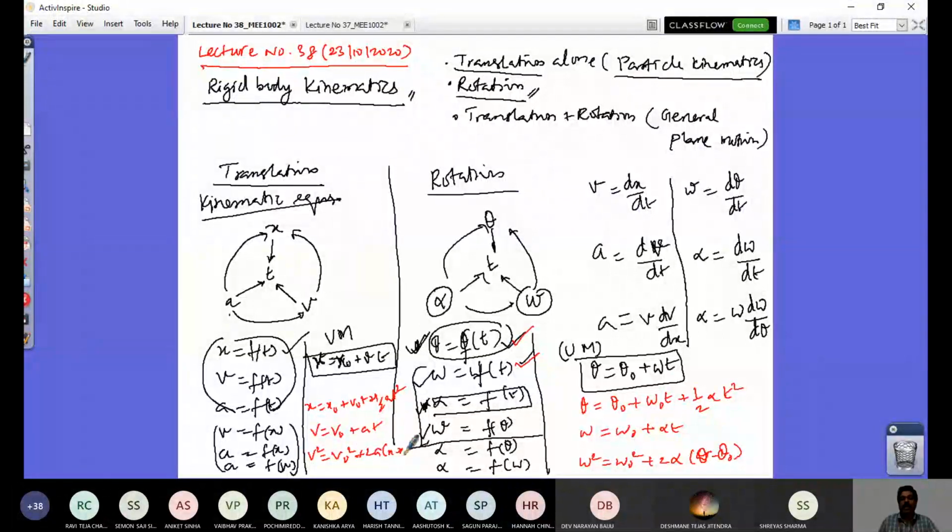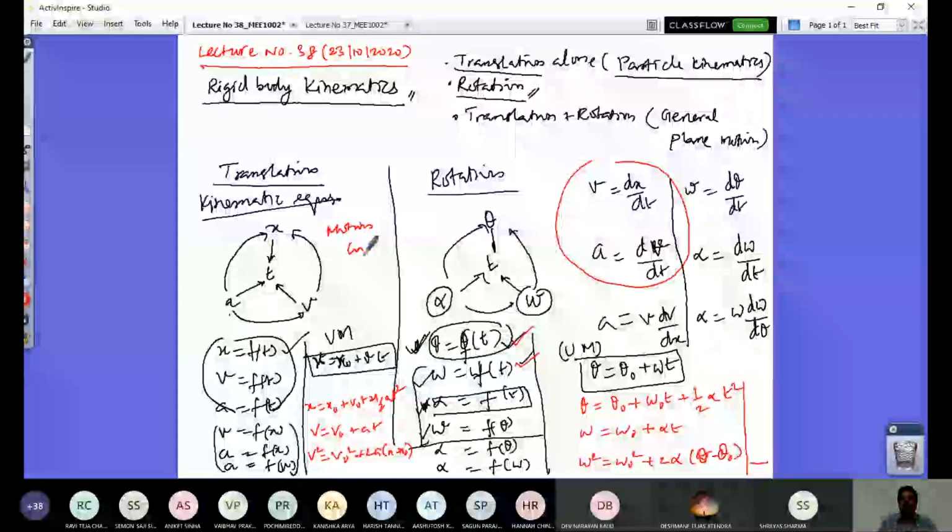So like we derived this equation from the integral approach using the definitions of the parameters, and then we were able to draw motion curves. You can do all such activities for rotational motion as well. So here also you can do motion curves like theta t diagram, omega t diagram, alpha t diagram, primary motion curves.